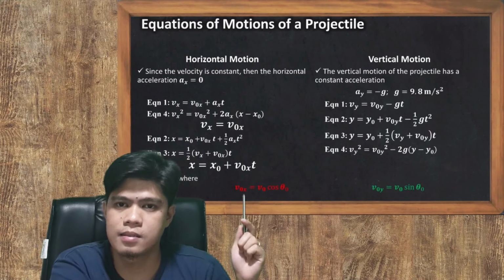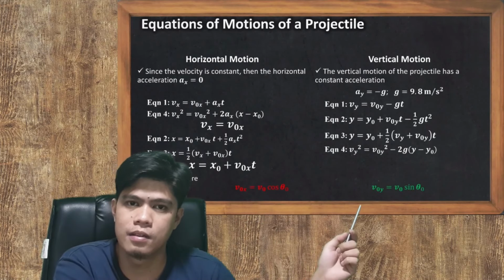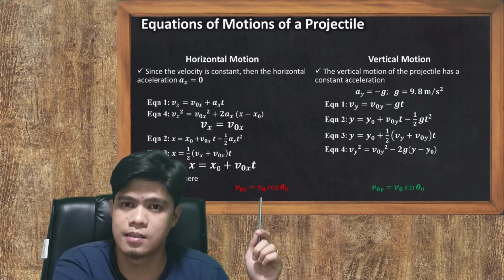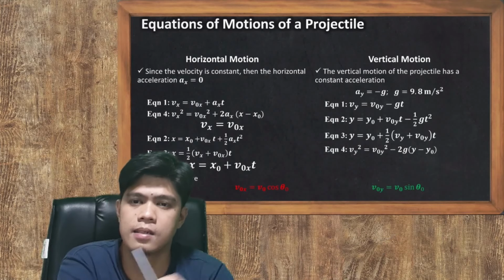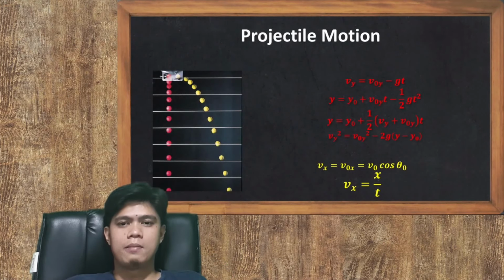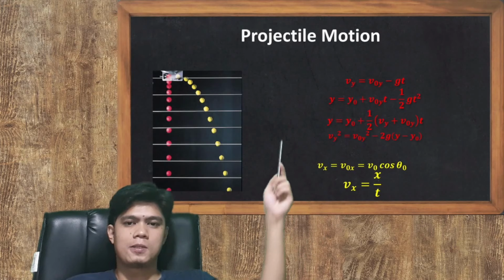And V naught x is equal to V naught cosine theta, and V naught y equals V naught sine theta. Again, depending on the angle theta, this is not always the case. To solve the problems involving projectile motion, you need to memorize these equations.